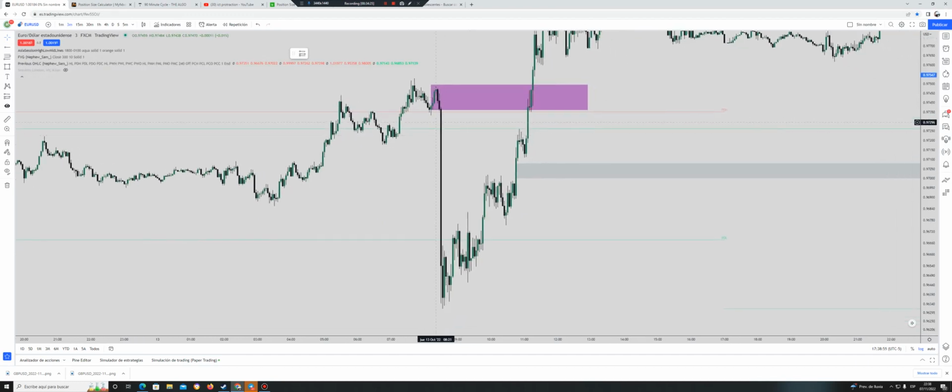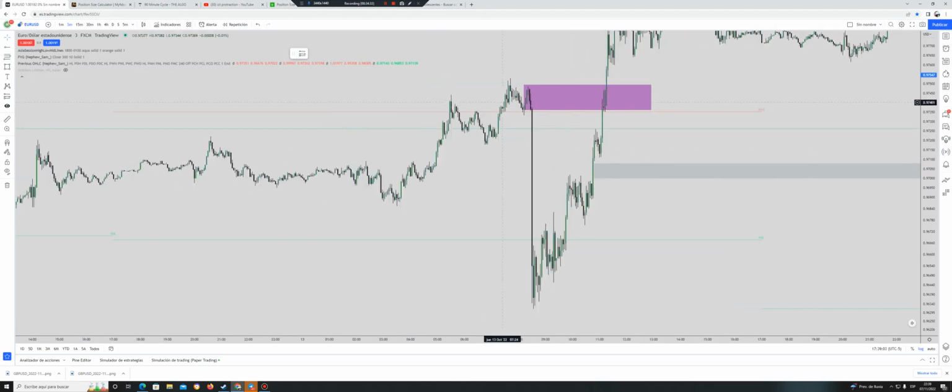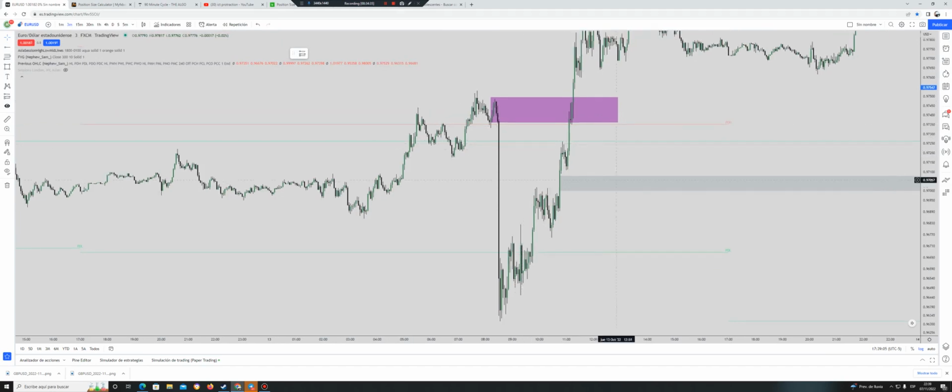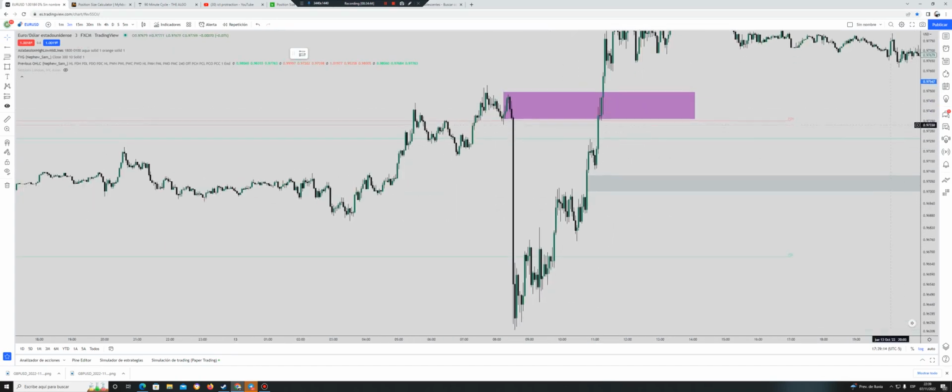Most of the people have their positions here. They were selling here, selling here, or they now are going to try to sell here, because they see the other block, they see the balance, they see all of it.